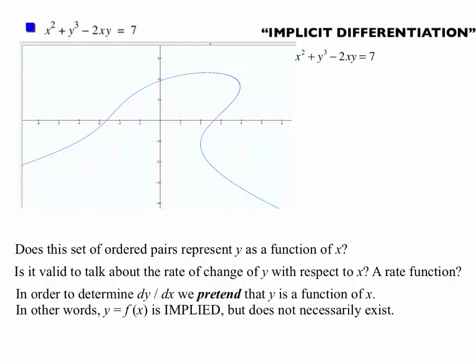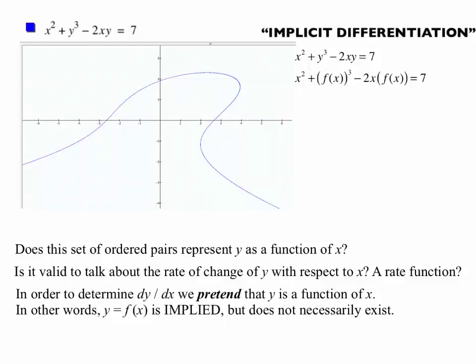We start with the equation. And so rather than having y on the left and all the x's on the right, we're going to take the derivative term by term, right? So we're just going to take the derivative of each individual term as they're added and subtracted, but thinking of y as a function of x.